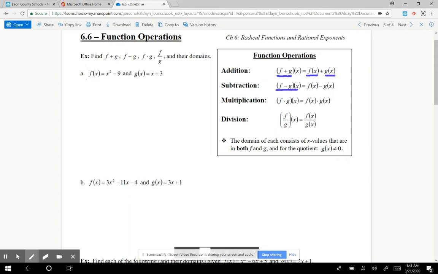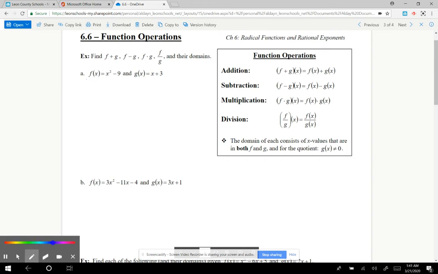And f minus g of x is really f of x minus g of x. And f times g of x is f of x times g of x. And when you're dividing, f divided by g of x, you're really saying f of x divided by g of x. So there are different ways that you can read them and write them, and the textbook shows you both of these, and you need to know that these are the same.